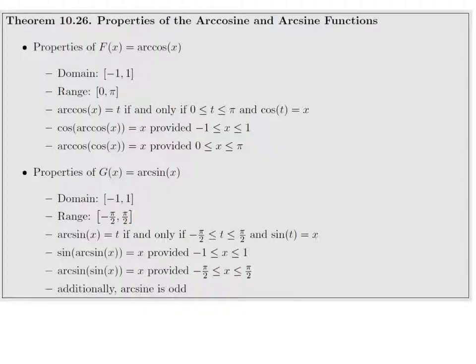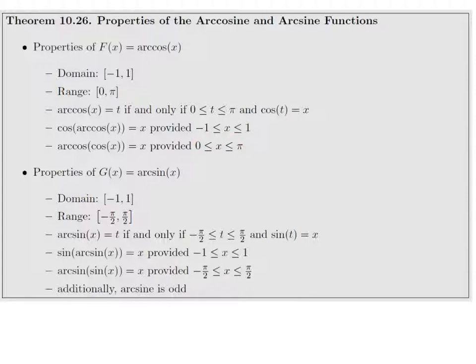So all of the properties of arccosine and arcsine are given in one table. For arccosine, we have the domain and the range. Arccosine of x equals t if and only if you are in the correct range and cosine t equals x. Cosine of arccosine of x equals x, assuming you're in the domain, and arccosine of cosine of x equals x, assuming you're in the correct range.